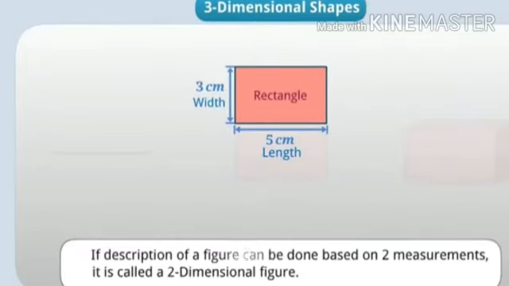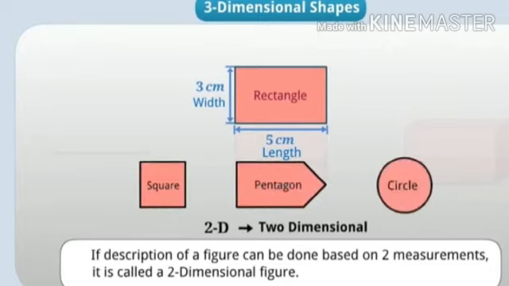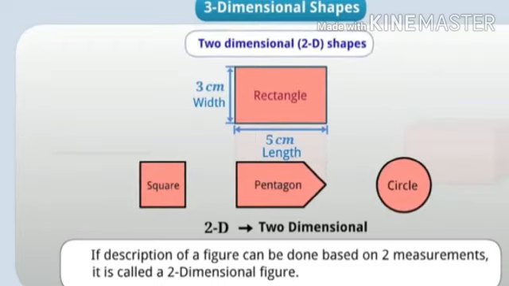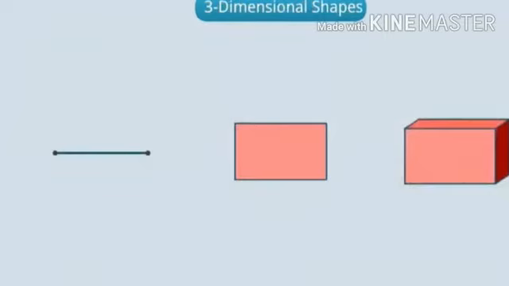To describe a figure where we have to tell two measurements, it is called a two-dimensional figure. In short, we write 2D for two-dimensional. Generally, all flat shapes like squares, pentagons, circles, etc. are two-dimensional, that is, 2D shapes.